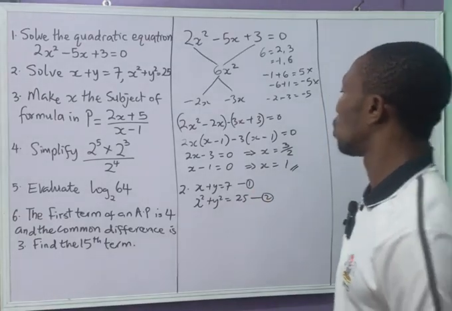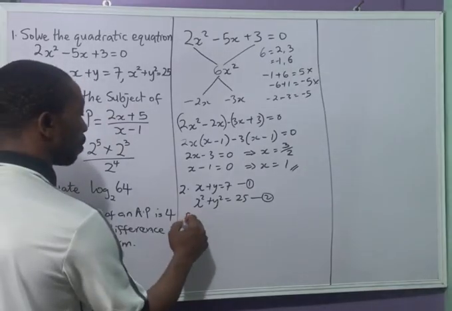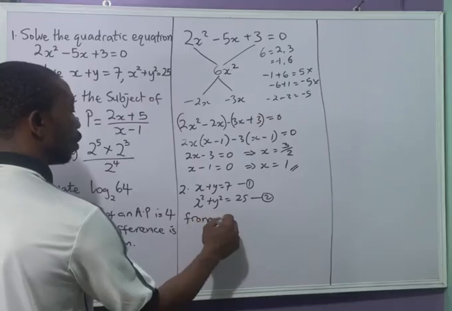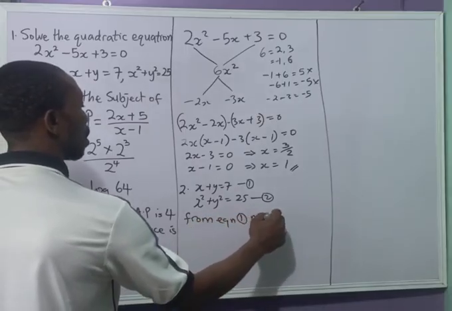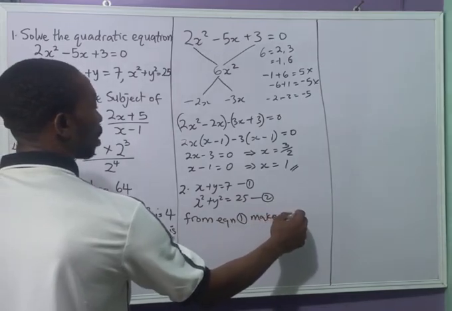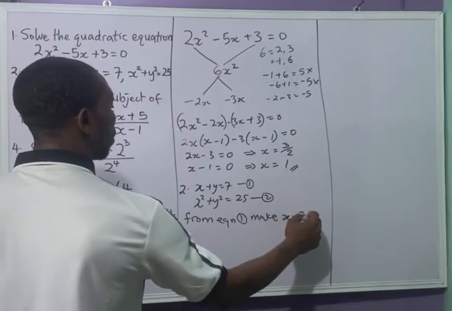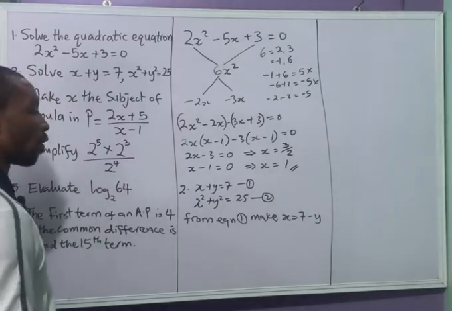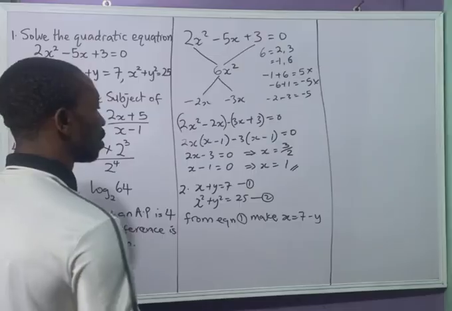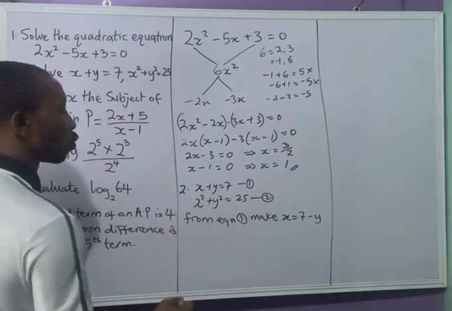Now, for this, from equation 1, we make x the subject of formula. x equals 7 minus y. So now we substitute into equation 2.